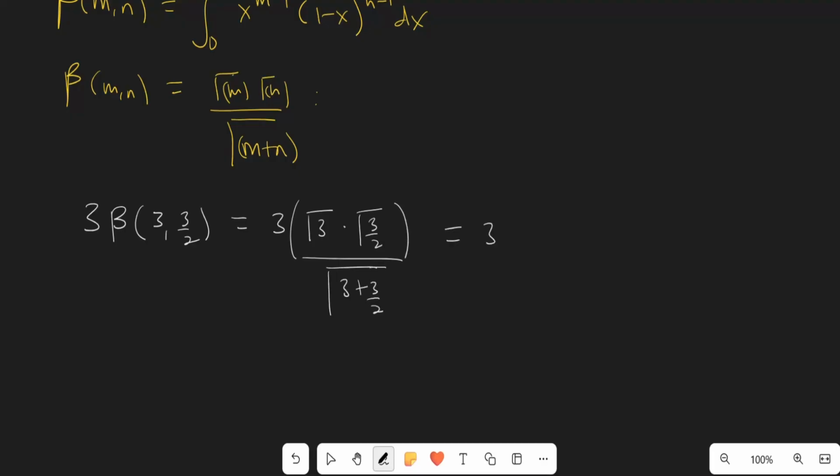And that is going to be 3 times gamma of 3 over 2, and then gamma of the sum, which is 9 over 2.